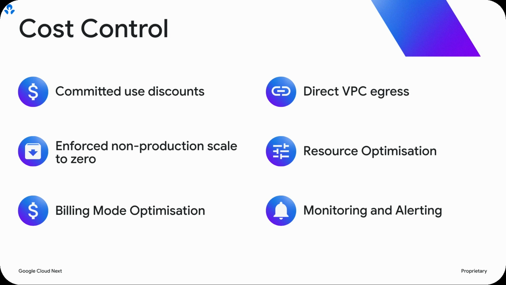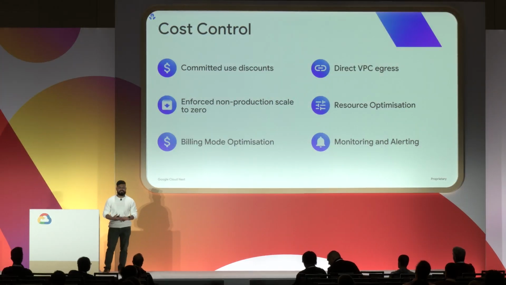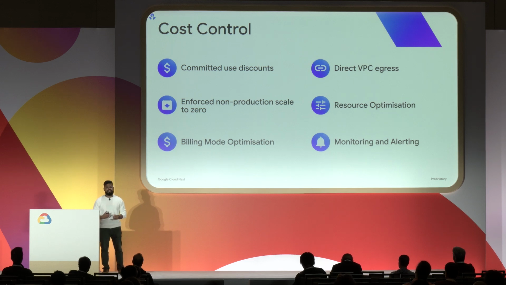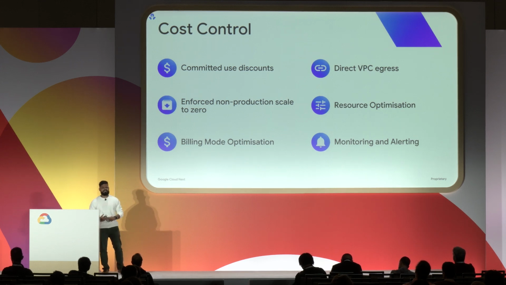Then we do regular resource optimizations with our applications team to ensure that they have the right CPU, memory, and concurrency settings set for their application. Lastly, our FinOps team have implemented monitoring and alerts on any unexpected cost spikes or anomalies. This allows us to quickly identify any issues that could lead to unnecessary expenditure.